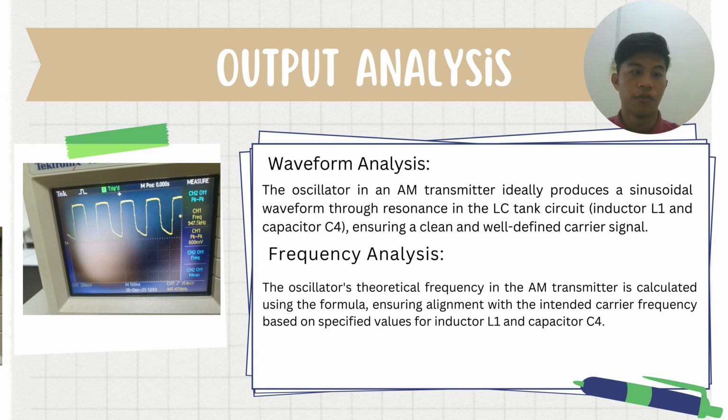For real value observation, practical measurement of the oscillator frequency may show slight variation from the theoretical value due to manufacturing tolerance, temperature effects, and other factors. Verification using more precise instruments such as a frequency counter or spectrum analyzer becomes essential to confirm the real frequency and ensure it meets the design specification.